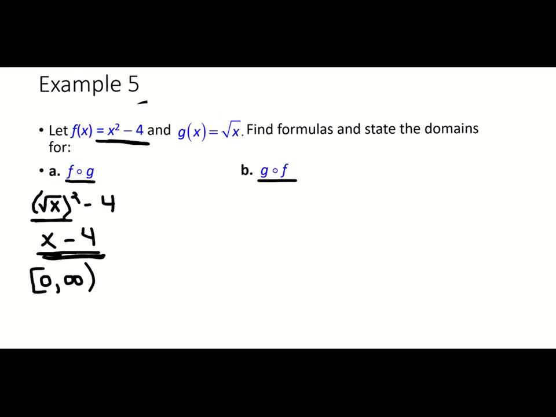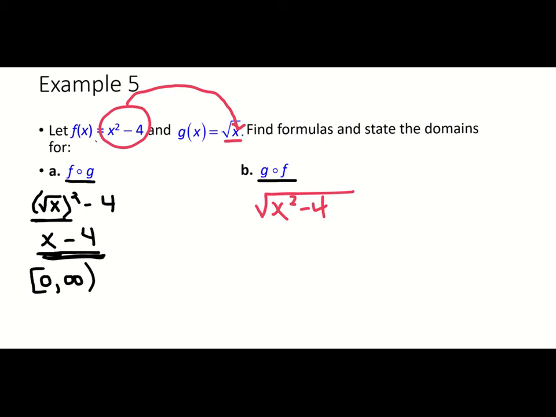So let me erase this part a little bit. All right, so that means we are going to start with g and then plug x squared minus 4 in for x. So when I write it, it's going to end up being this, x squared minus 4 under the radical, and that would be g composed with f. I took the g function and I plugged x or f of x in where there was an x.